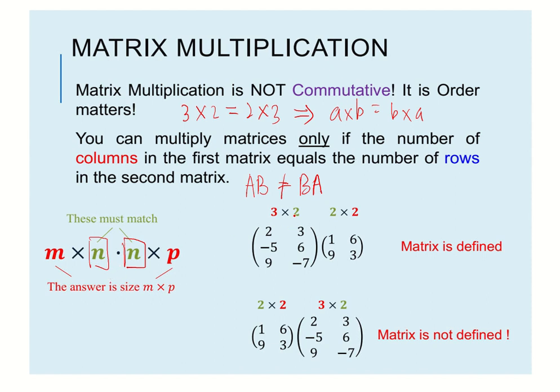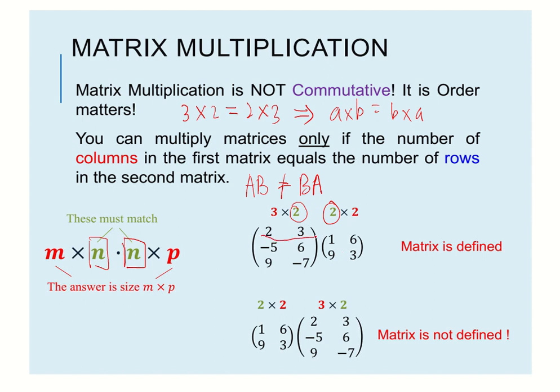Now, let's take a look at this example here. You can see here the first matrix is 3 rows by 2 columns, and the second matrix is 2 rows by 2 columns. Now when the two numbers here are equal, then we can actually multiply these two matrices.